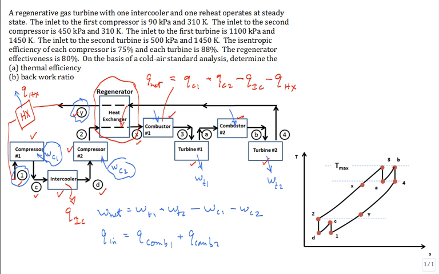Now work net and Q net have to be equal. When you calculate the thermal efficiency, it's the ratio of the net work divided by Q in. And when you calculate the back work ratio, it's the work that drives the compressors divided by the work that came out of the turbines. And these 2 things are kind of like the high-end metrics of the cycle, the thermal efficiency and the back work ratio.